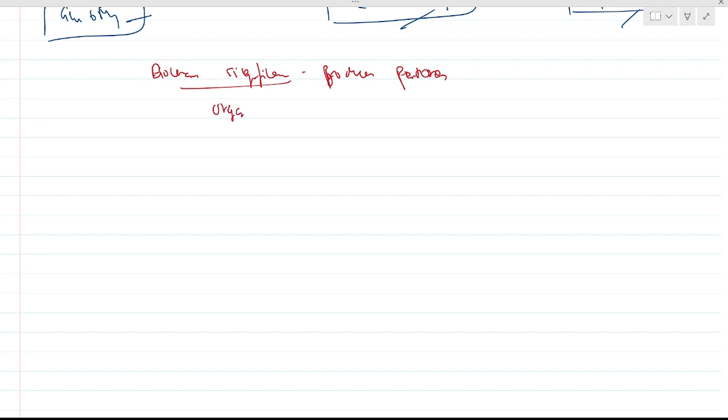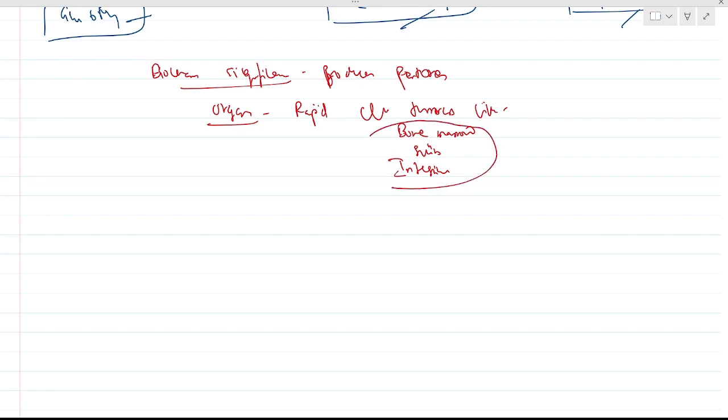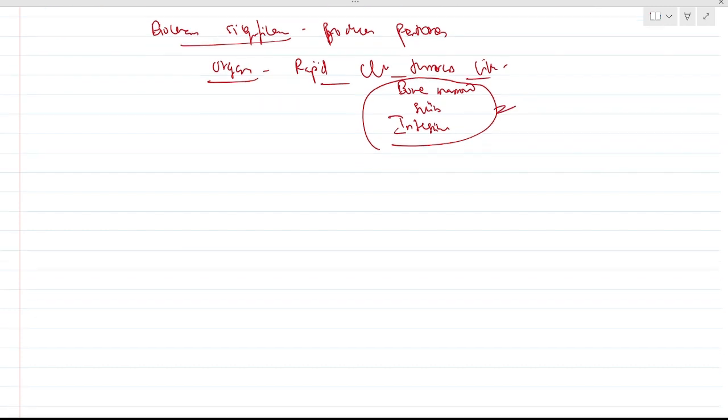And where does it take place? In organs with rapid cell turnovers, like bone marrow, skin, which rapidly gets replaced, and intestine. In these 3 areas, this non-oxidative phase especially takes place. Okay, now we'll see some clinical significances here.